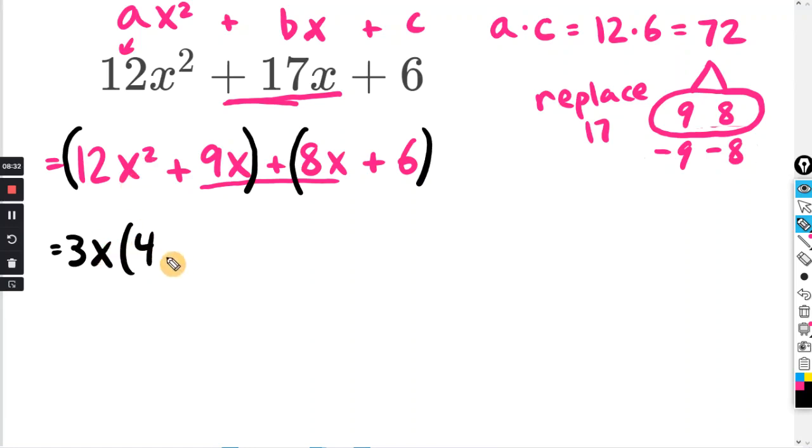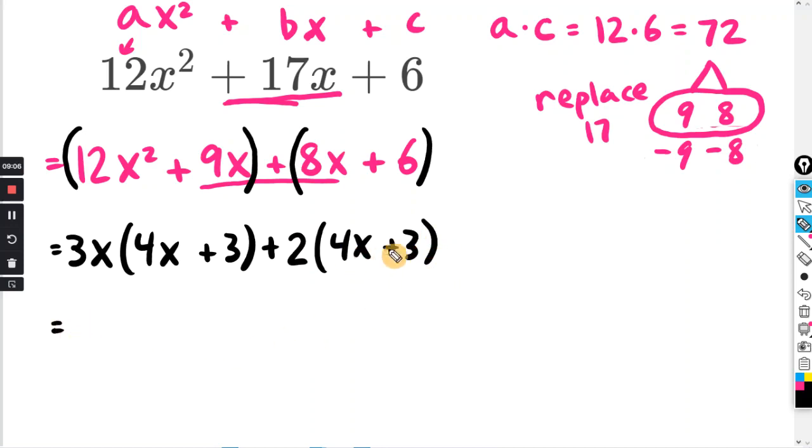X squared divided by x is x. 9x divided by 3x is positive 3. Okay, between 8 and 6, the greatest common factor is 2, and there's no x here. 8x divided by 2 is 4x. 6 divided by 2 is positive 3.